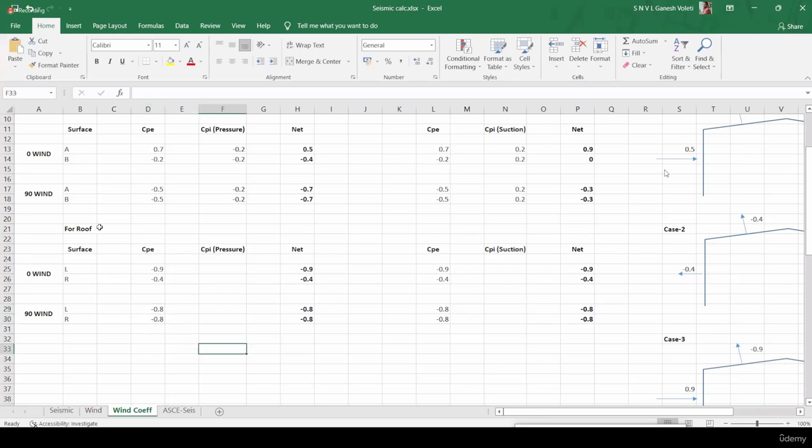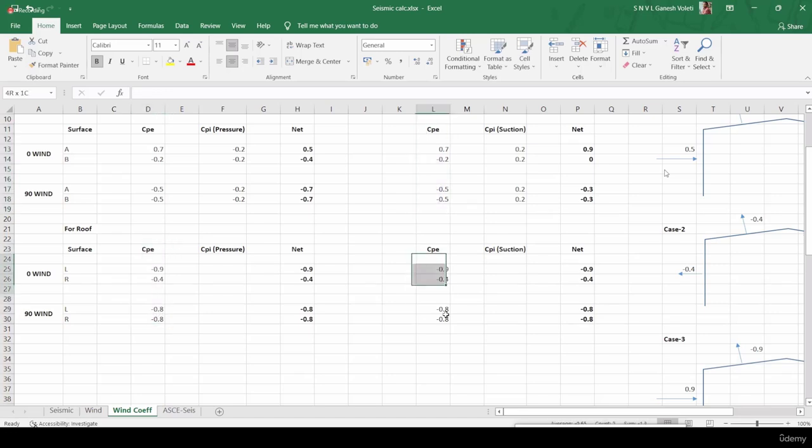So these values are the same, because I have to apply pressure and I have to apply suction. The internal coefficient will vary: one will be with a negative sign, one with a positive sign. That's why you will get 2 cases here. But the external coefficients will be the same in both cases, for walls and for roofs.